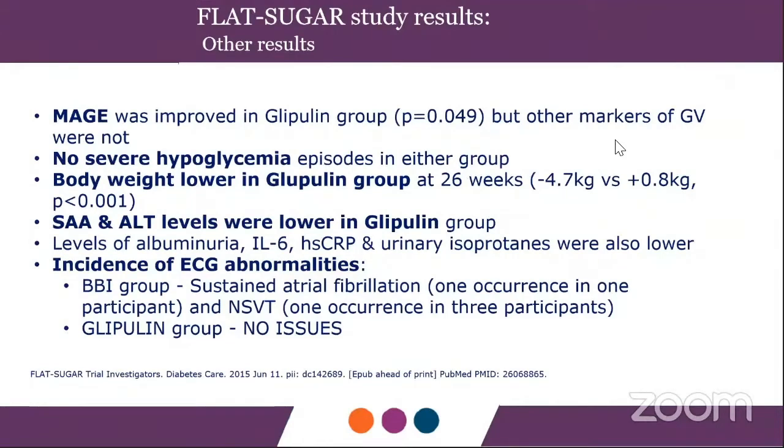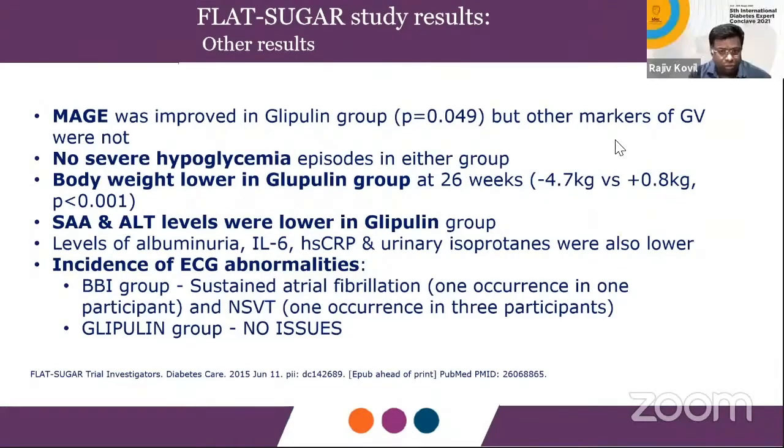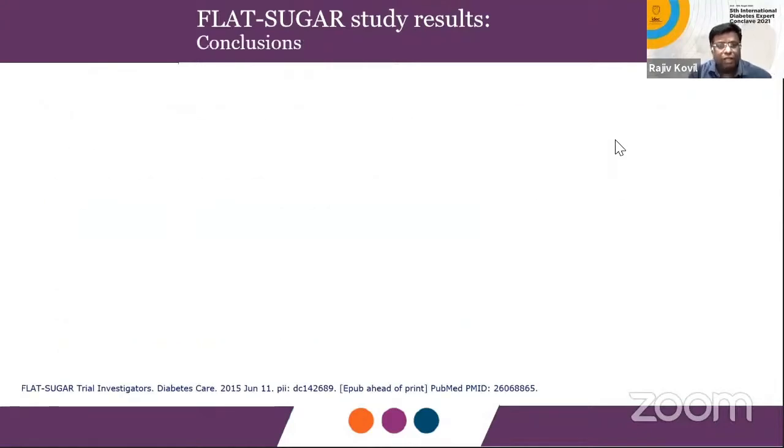There was no severe hypoglycemia. Body weight was lower. Inflammatory markers, including IL-6 and highly sensitive CRP, were lower in the group which used basal insulin plus GLP-1 and had lesser glycemic variability. Certain ECG abnormalities were also lower in this group where the variability was lower.